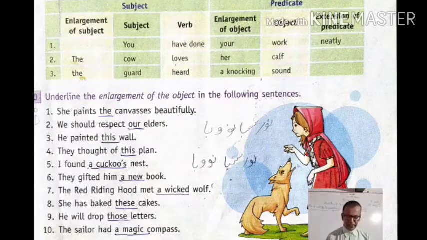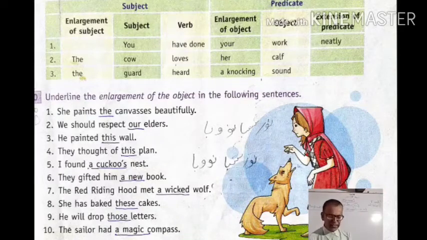The first sentence is, you have done your work neatly. Here the sentence starts with you, so you is the subject. There is nothing coming before you, so enlargement of the subject is nil here.